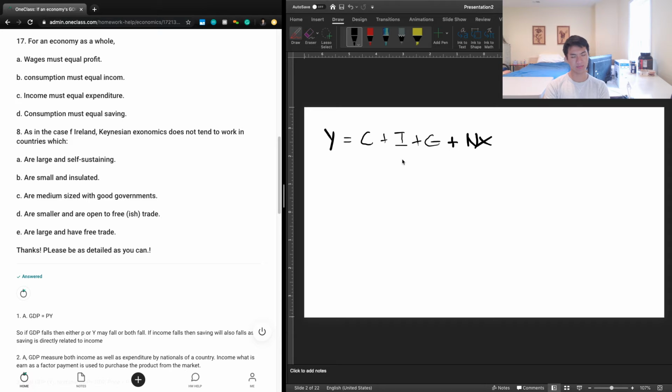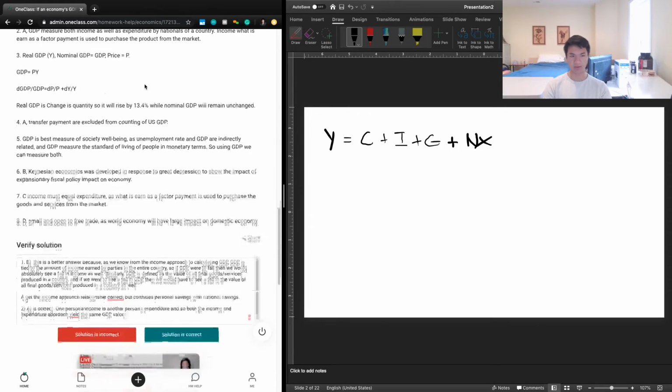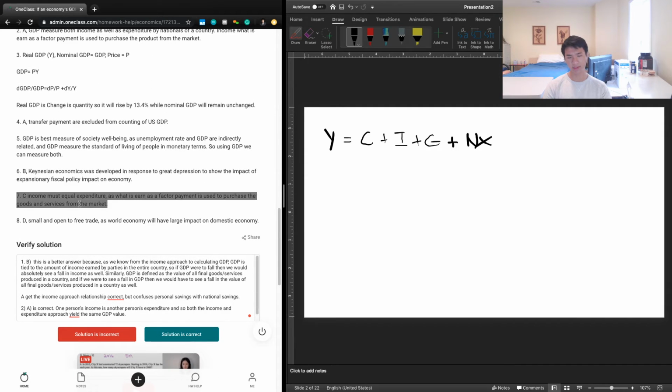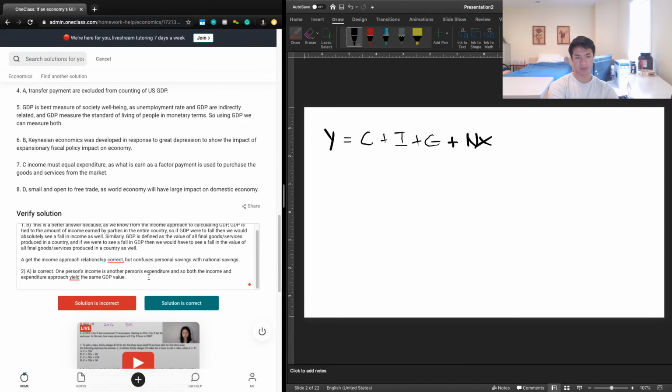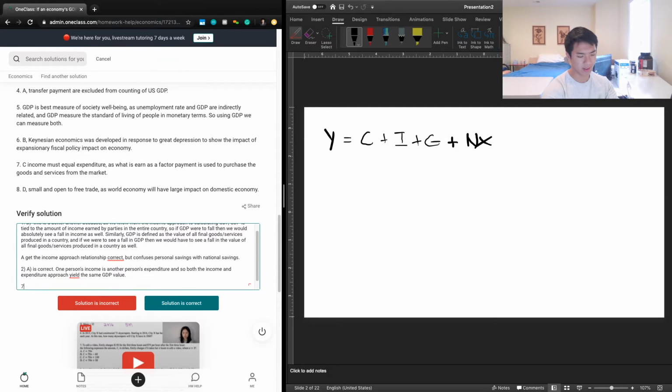And so our final answer choice is going to be C, income must equal expenditure for an economy as a whole. And we see here, the previous tutor agrees as well. Income must equal expenditure, as what is earned as a factor payment is used to purchase the goods and services from the market. I think that relationship can be a bit more clarified, but we can say question 7 says C is correct.